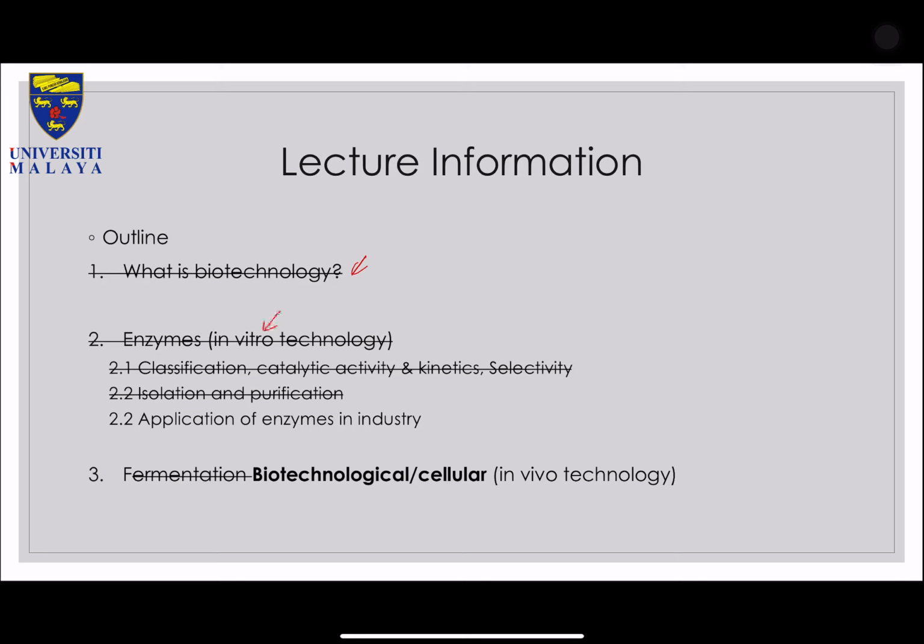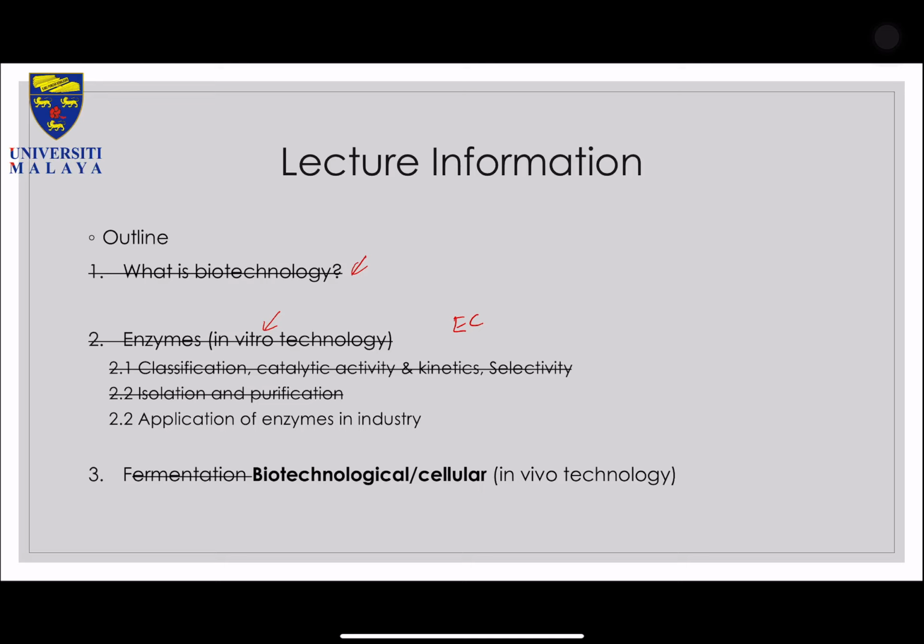different types of biotechnology. Okay, so we looked at classification of enzyme, whereby we look at the EC codes. Today, if we have time, I will show you a little bit more on the EC code, where you can find it and whatnot.